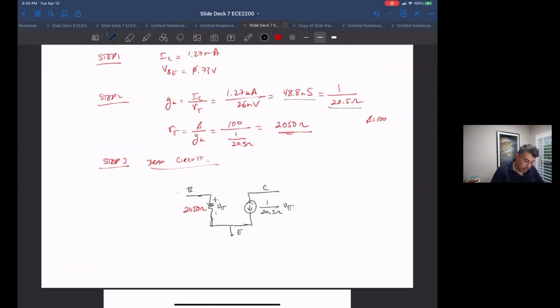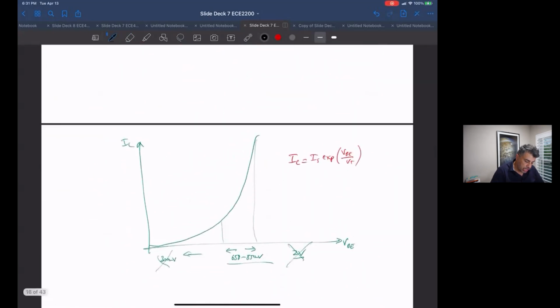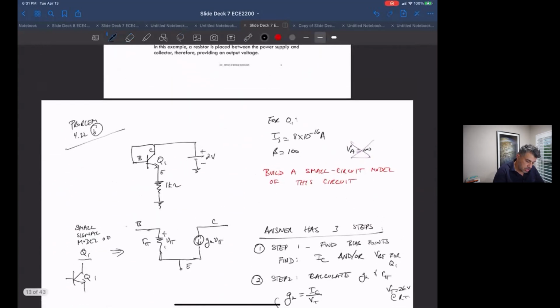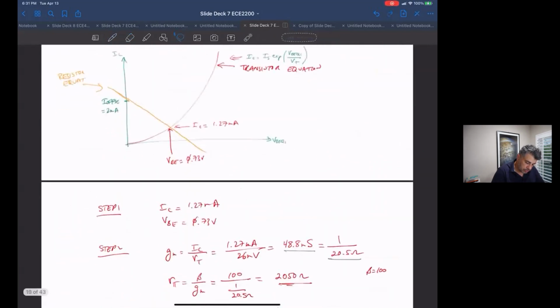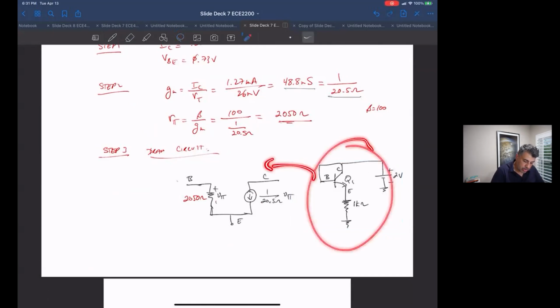Now we plug those values, but we also have to draw the rest of these connections. Let me copy this over. So this is the large signal. This might be another point of confusion. We're going to draw the small signal.